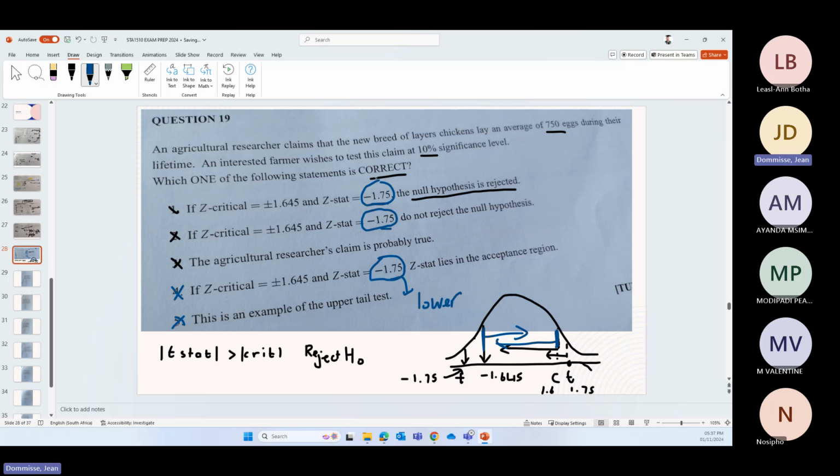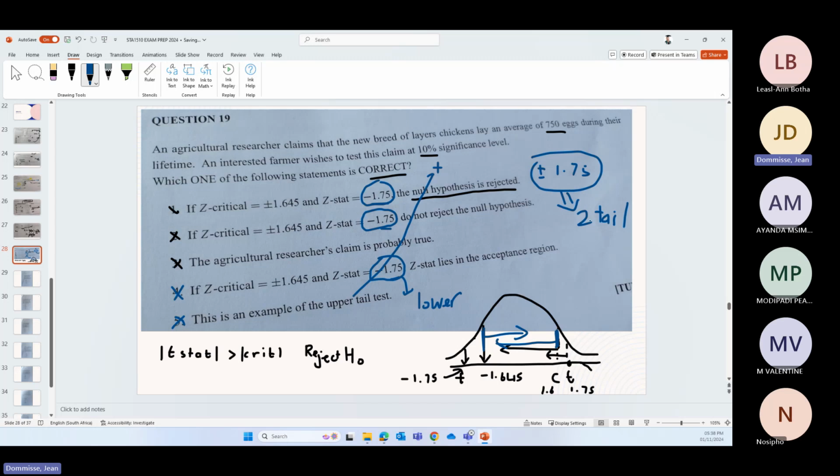If they said the Z stat was plus minus 1,75, then it's important that we are actually working with a two tail. So just be careful. If the Z stat was positive, then we're working with the upper tail. Negative is lower, and if it was plus minus, we're working with a two tail.